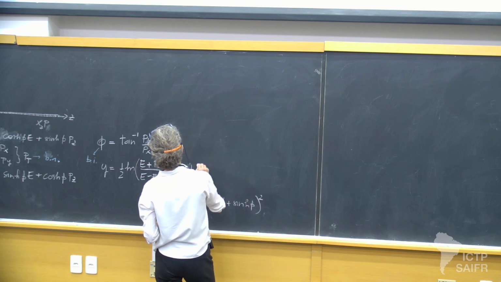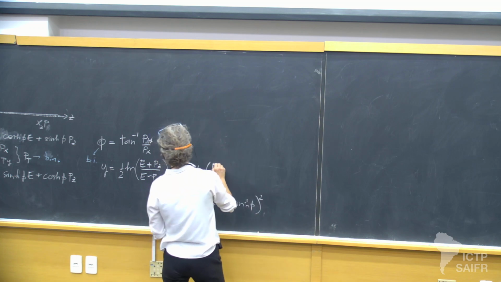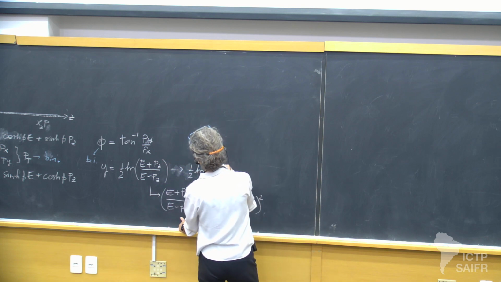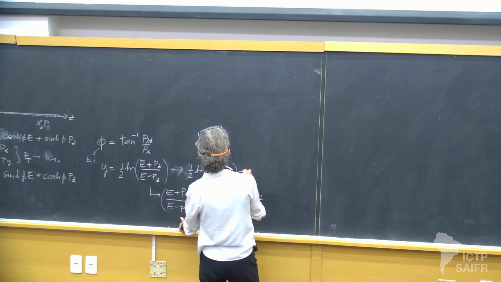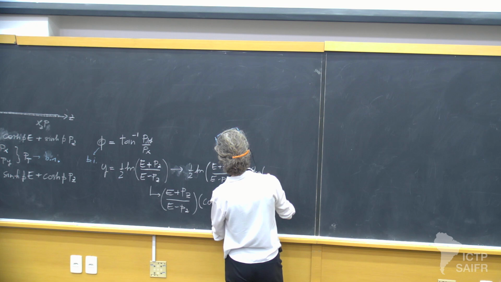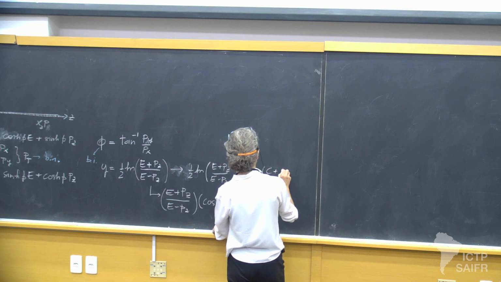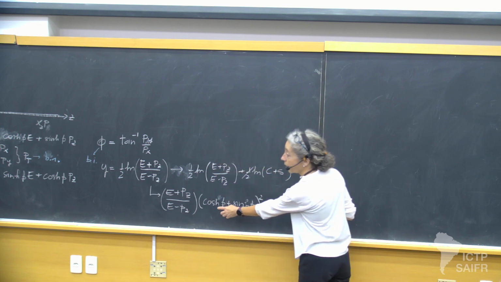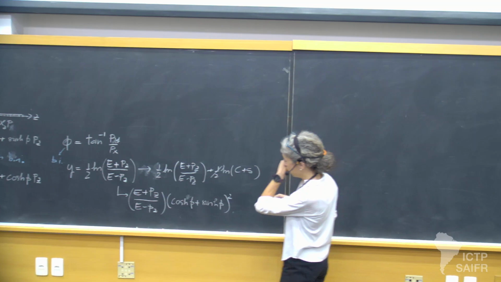So you reproduce the rapidity, from the logarithm of the first term, plus a factor that is a half the logarithm of this guy. And since it has a square, it's the logarithm of c plus s, where c and s are my hyperbolic cosine and hyperbolic sine.